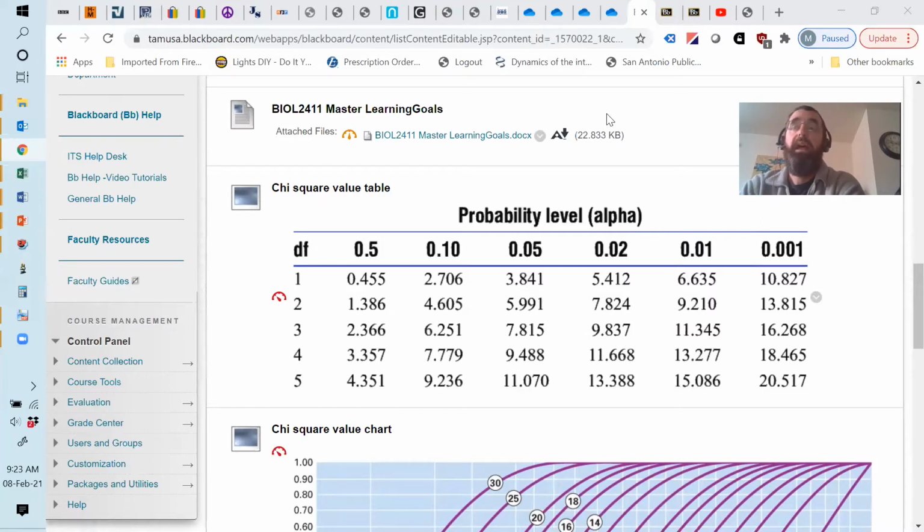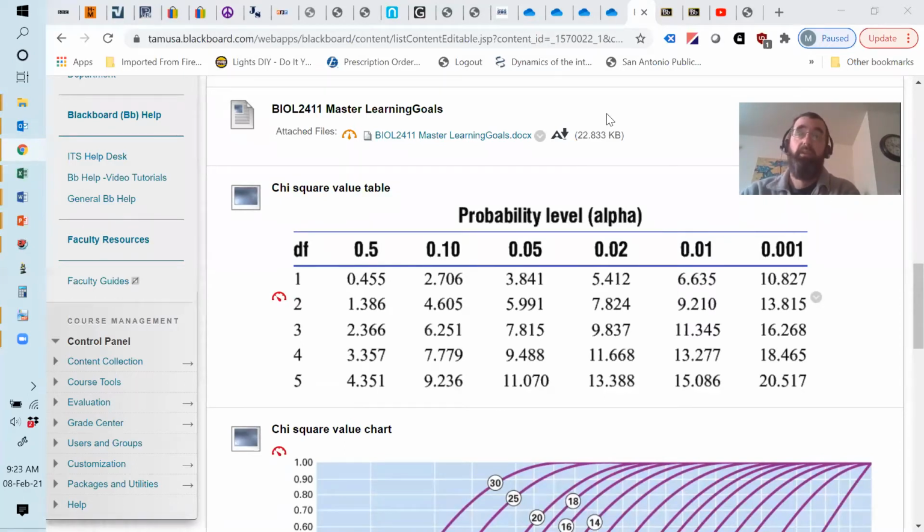It's more how well do our observed fit our expected, right? Once you do the experiment, you start the experiment and you go, okay, I think this is going to happen. Once you actually get your data for that experiment, how well do those data fit what you thought would happen?